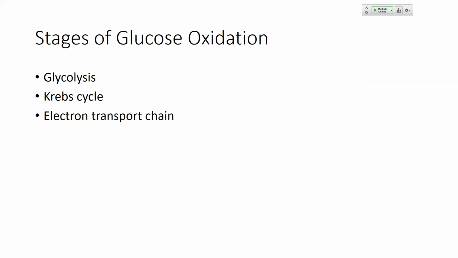Okay, so let's get into the stages of glucose oxidation. There are 3 stages. Now, in between glycolysis and the Krebs cycle, there is a linker process. We'll talk about the linker process as we move on. Now, glycolysis and the Krebs cycle specifically are examples of substrate level phosphorylation. What did we say substrate level phosphorylation was?